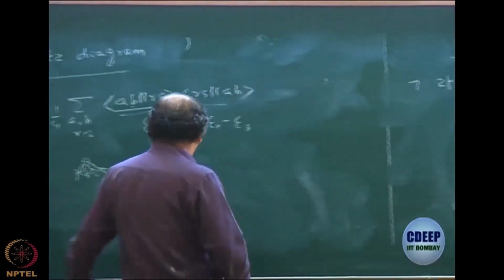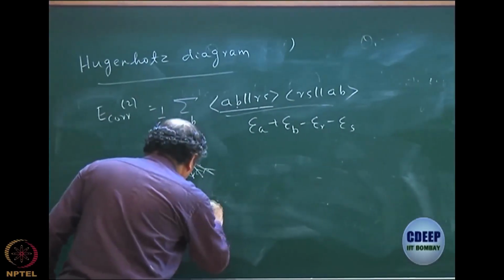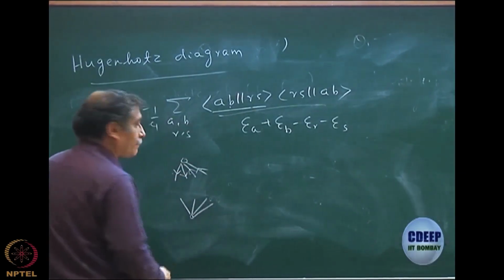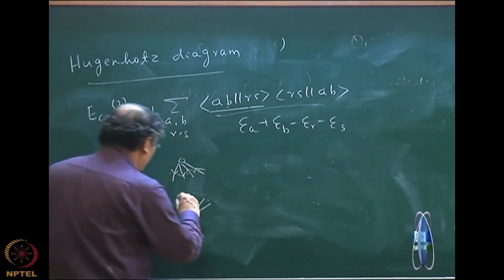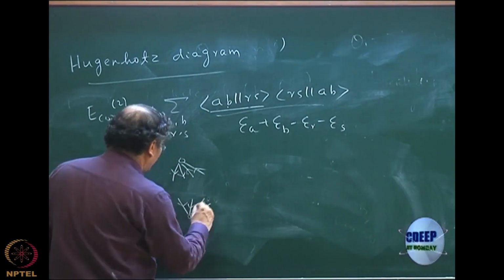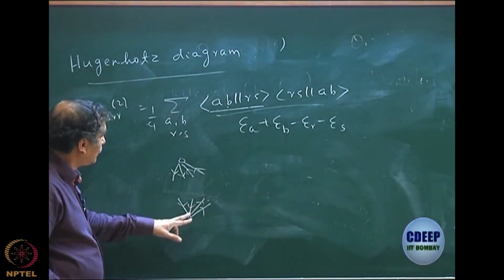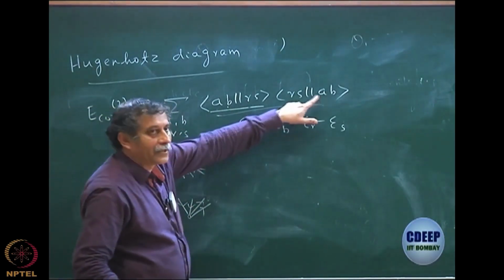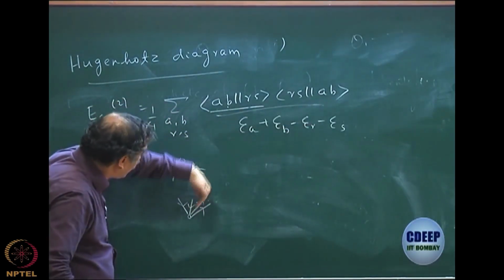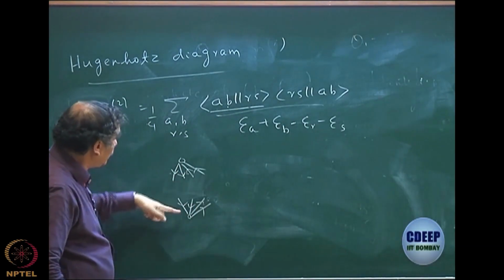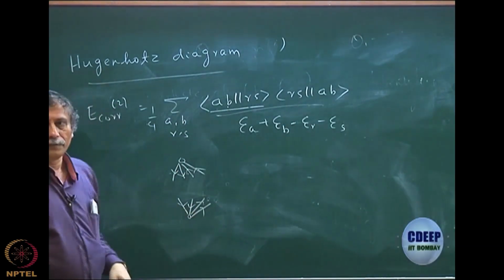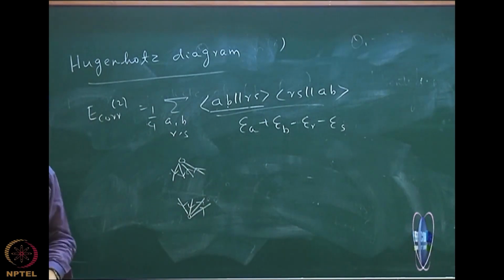So again 2 of them will be here. So you can see that this is my RS, this is my AB. It is AR dagger, AS dagger. So these 2 are going out, these 2 are coming in. So they are occupied, they are virtual. Is it okay?